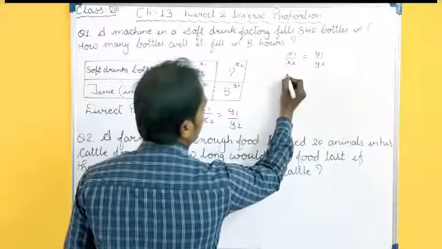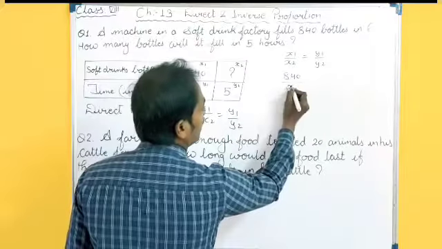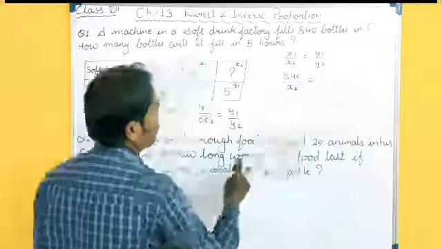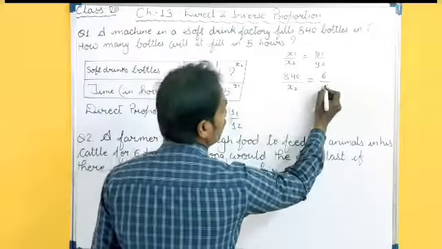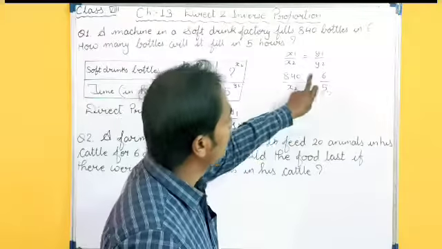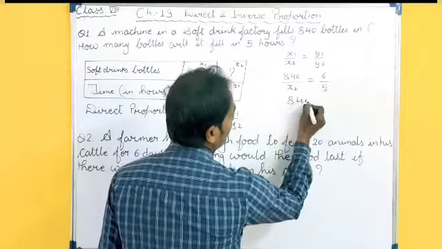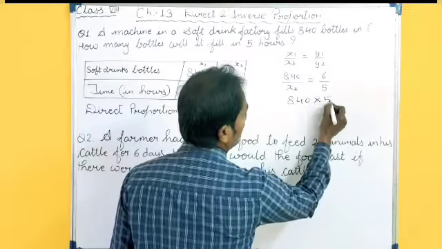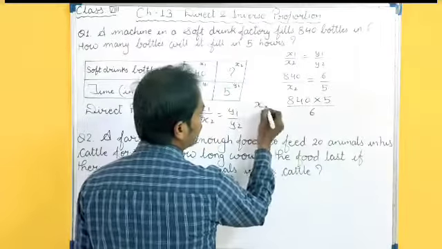Now what is x1? 840. What is x2? Write here x2 only, or you can write x also. What is y1? 6, and what is y2? 5. Okay, this becomes your equation. Only you have to cross multiply. 840 multiplied by 5. This 6 will come down, and x2 I am writing here.